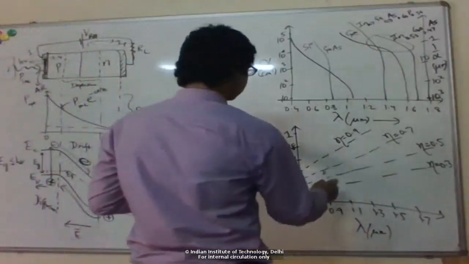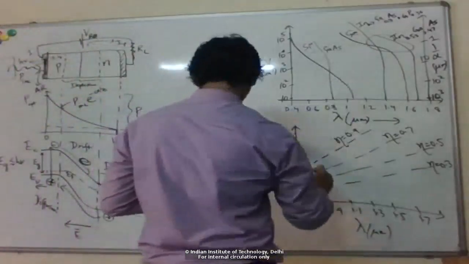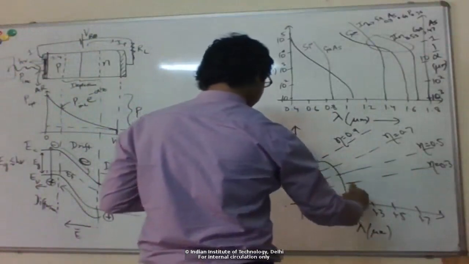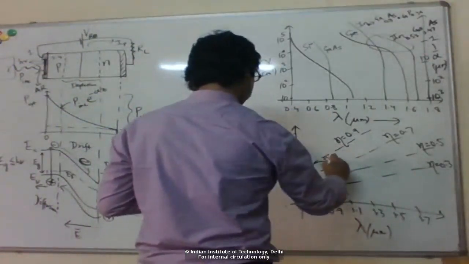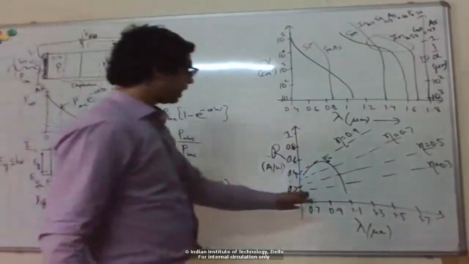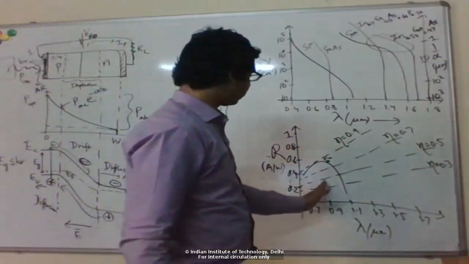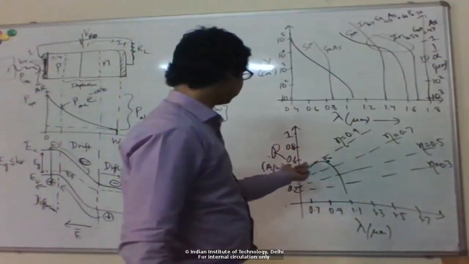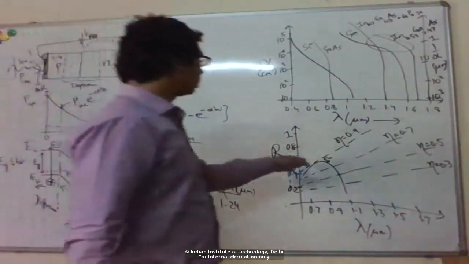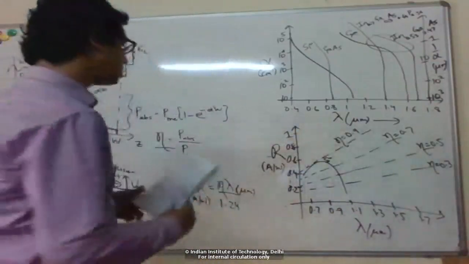So, again, if you look at different material systems here, so silicon lies here, that's silicon, okay. So, you can see that around the visible range of wavelengths where we can use silicon, we get responsivity about 0.6 amp per watt, corresponding to about 90% quantum efficiency.